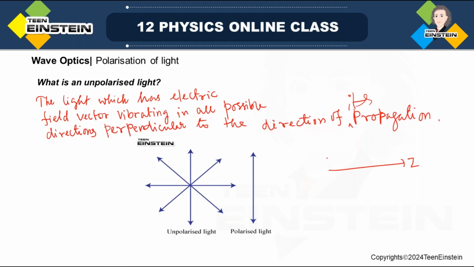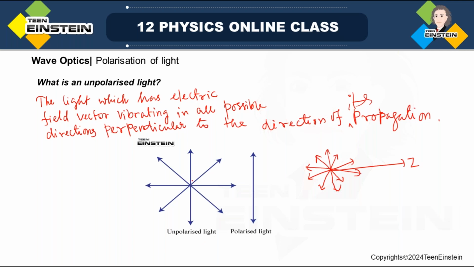Then if you have a light which has electric field vector oscillating in all possible directions in the xy plane, then this is actually the pictorial representation of unpolarized light. That means what?